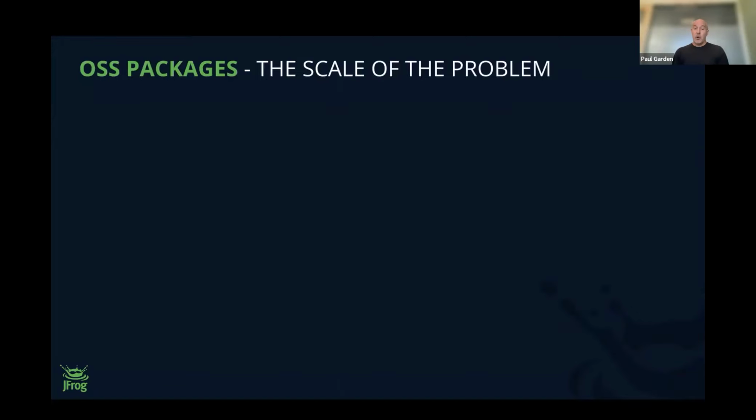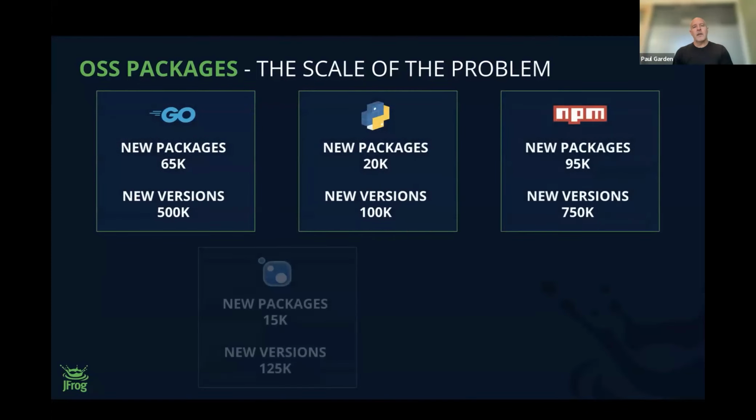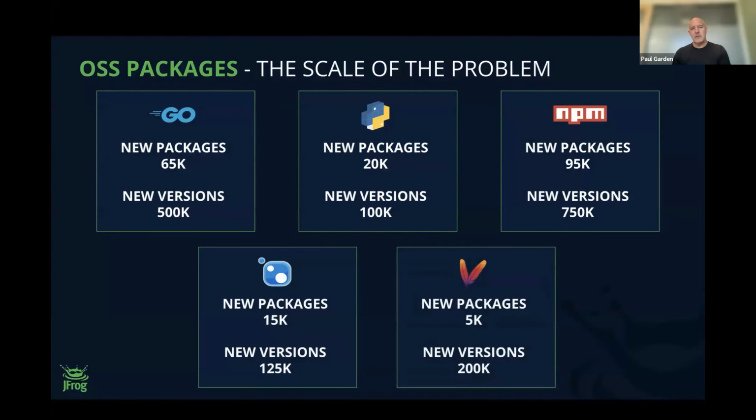Okay. So the scale of the problem, I've already mentioned that up to 90% of a typical application might be open source packages, dependencies, and then their dependencies as well. So when you take a look, and we did some research earlier in the year, and this is just 1 month of data. So we looked at 5 of the most popular public open source repositories that are used by millions of developers every day.